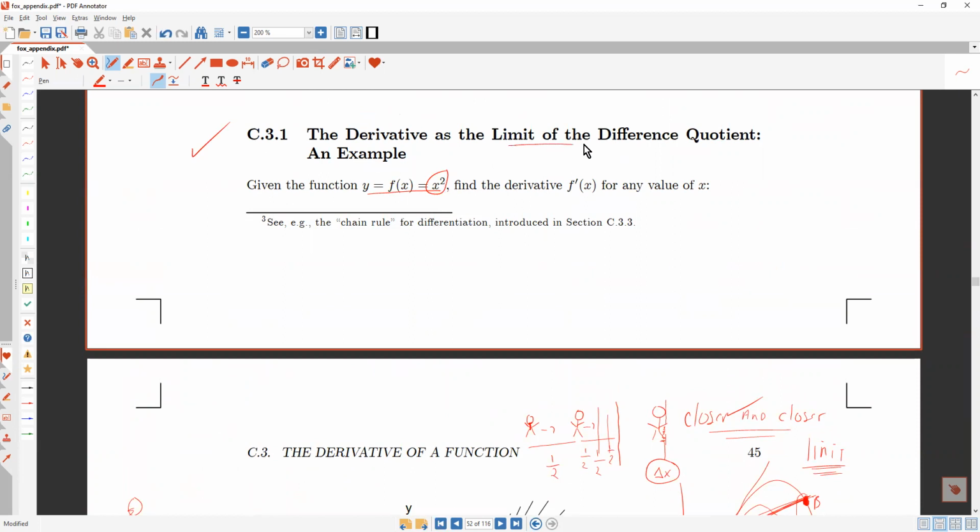Well, it's the limit of the difference quotient. This makes some sense now, because remember, the difference quotient is this, and all we're doing is taking the limit as the change in x goes to 0. So as this goes to 0, what happens? We need the limit concept. That's what this means right here.